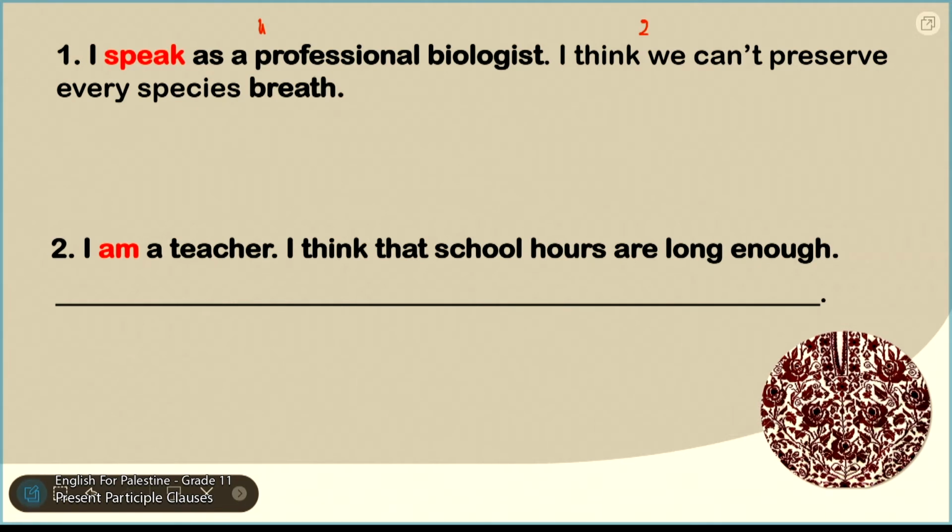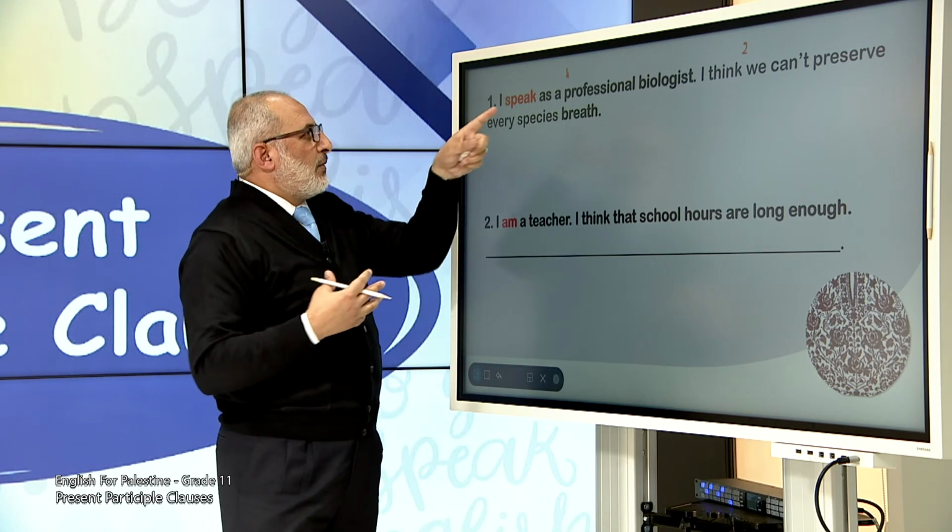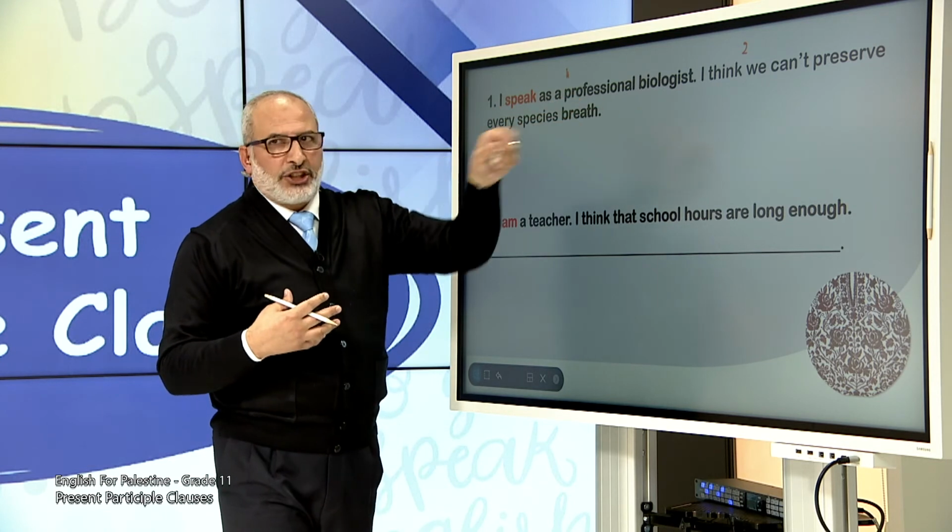Is it a cause and effect sentence? I mean, do we have reason and result? Of course not. Here we have, I speak as a professional biologist. This part is about my identity. What am I? Oh, I am a professional biologist.